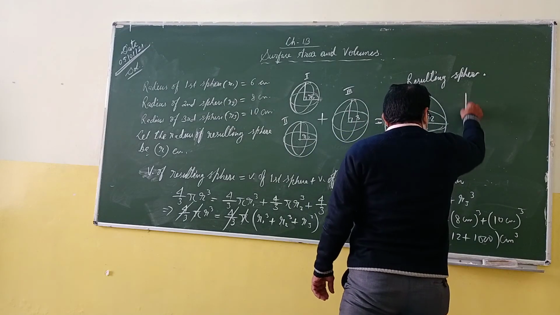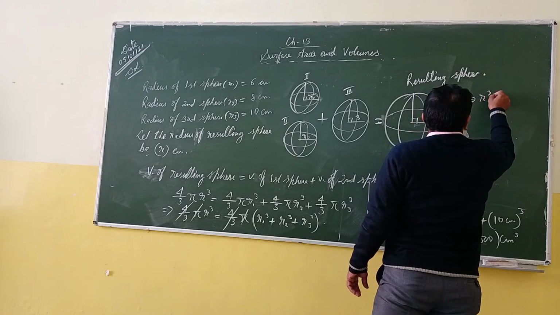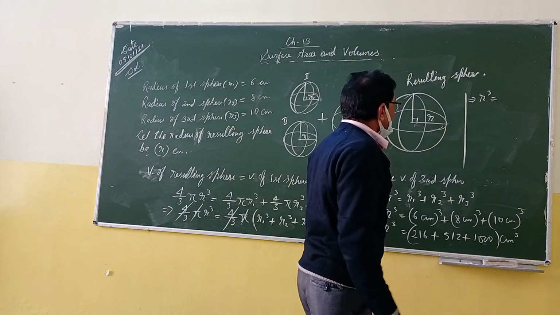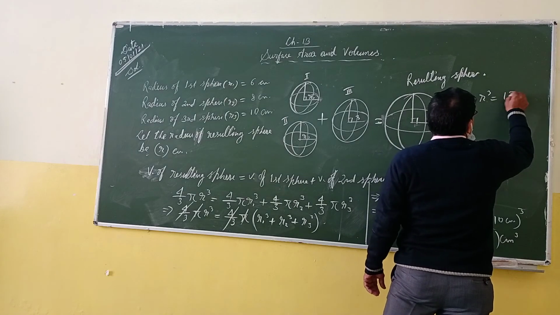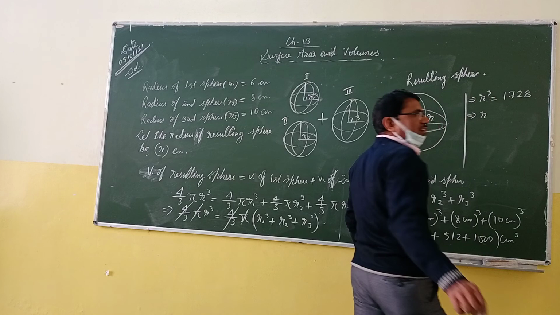R cube is equal to, after addition, what is coming? 1728.